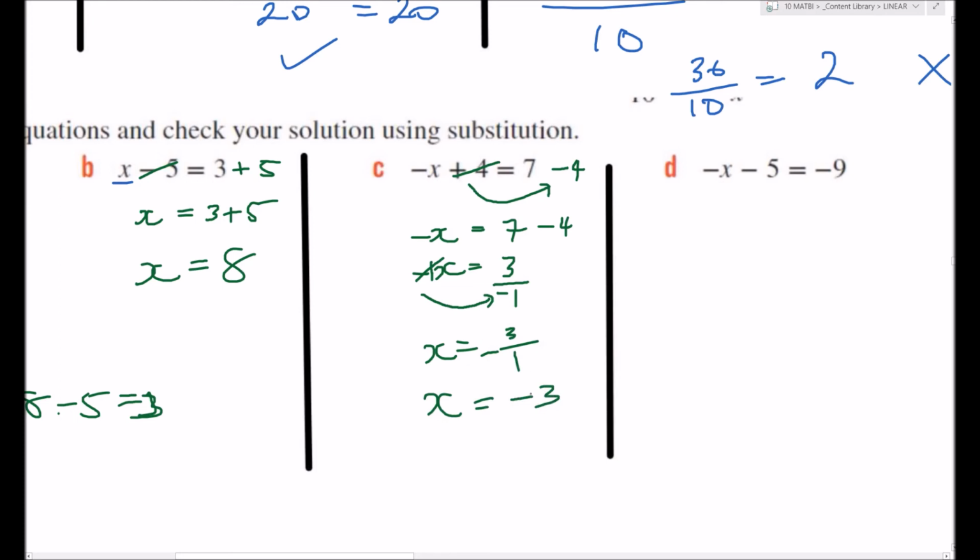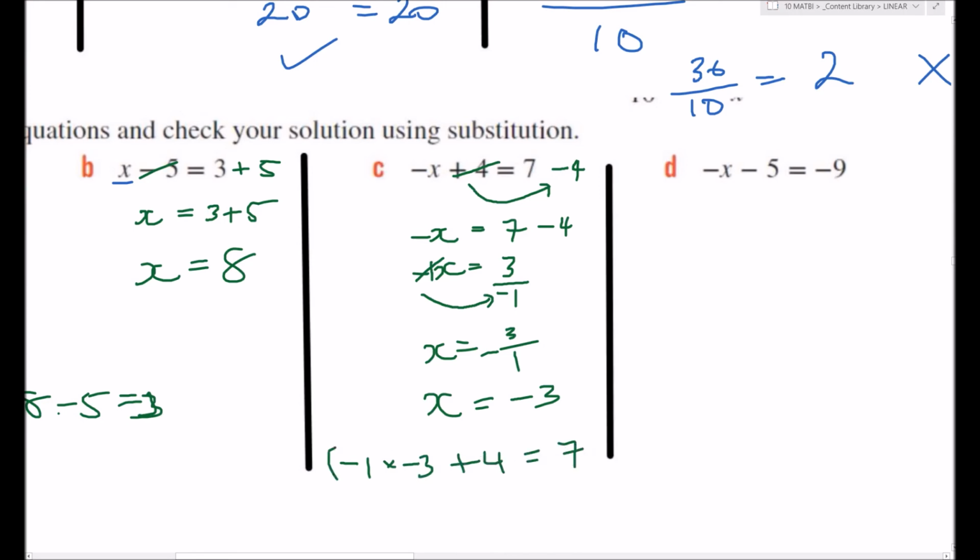So let's substitute that back into the equation. Negative 3 plus 4 equals 7. But remember there's a negative there, so you can think of it as negative 1 times, and remember that x equals negative 3, so negative 1 times negative 3 plus 4 equals 7.